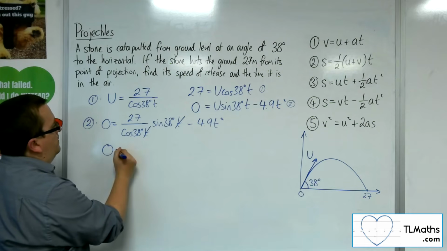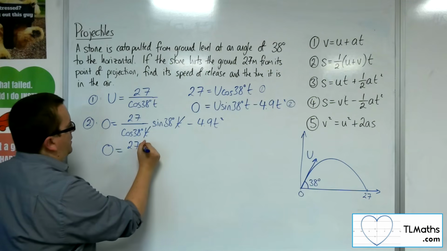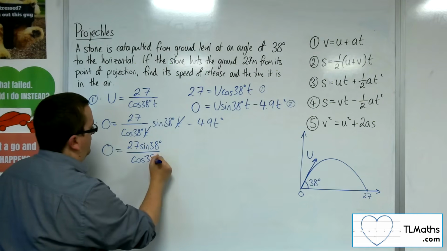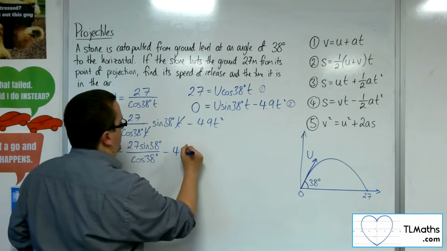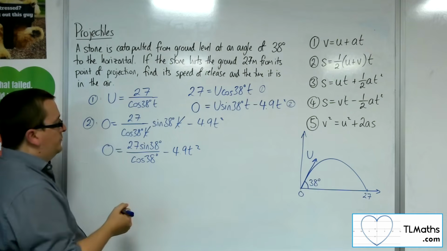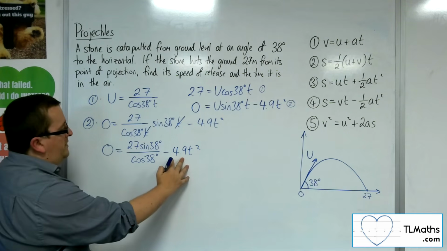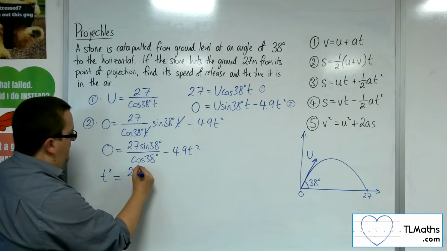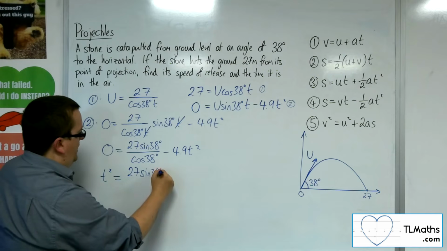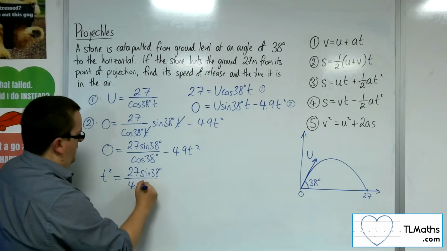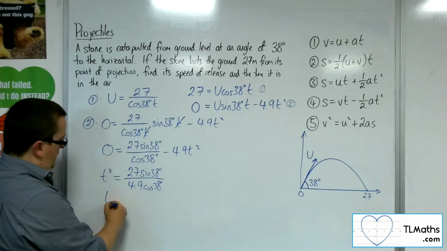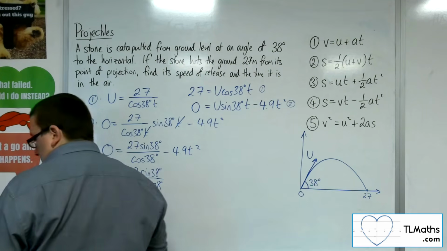So I've got 0 is equal to 27 sine 38 over cos 38, take away 4.9 t squared. If I add the 4.9 t squared to both sides and divide by the 4.9, I have t squared equals 27 sine 38 over 4.9 cosine 38. This will allow me to find t.